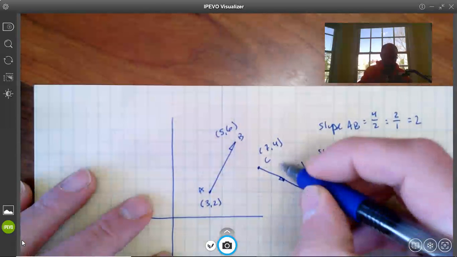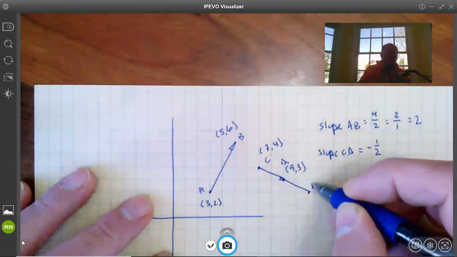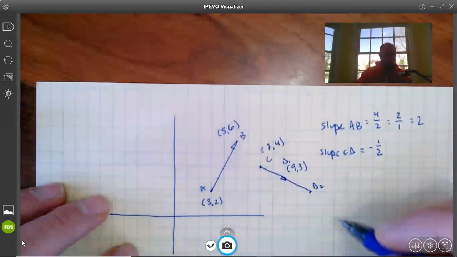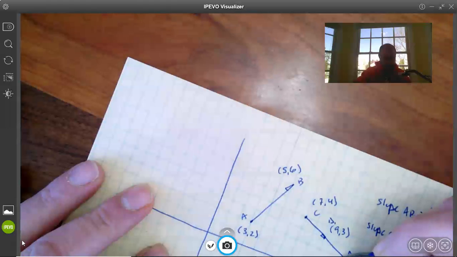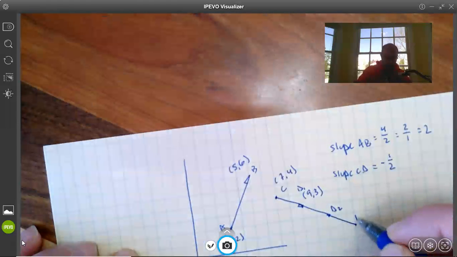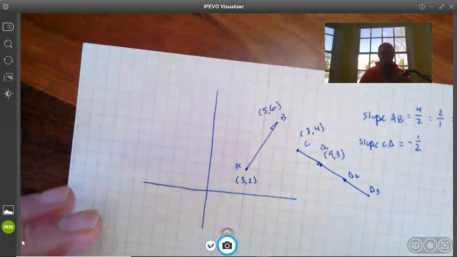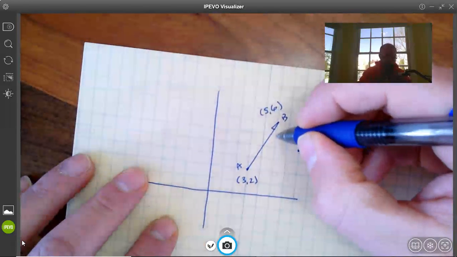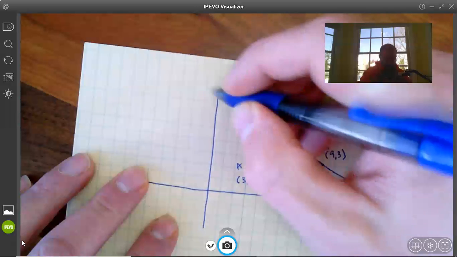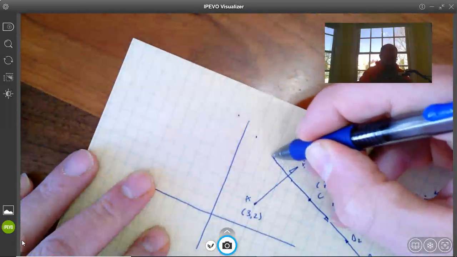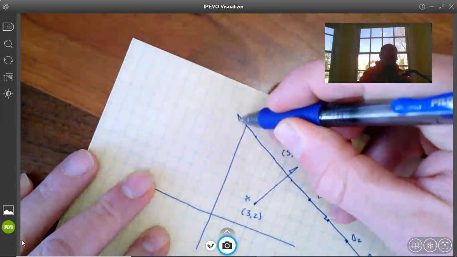If I made this point D, call that D1, I'll call this D2. In fact, I can go down a little bit further, like that. Call this D3 down here. Still perpendicular. Or I go in the other direction, say up here, all the way out there.